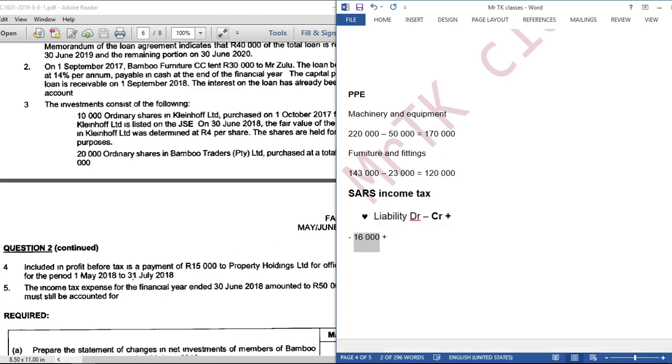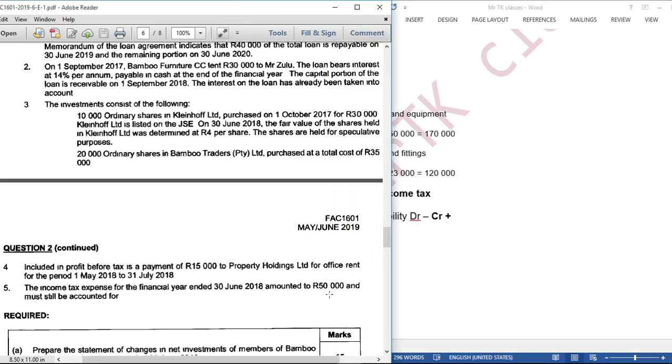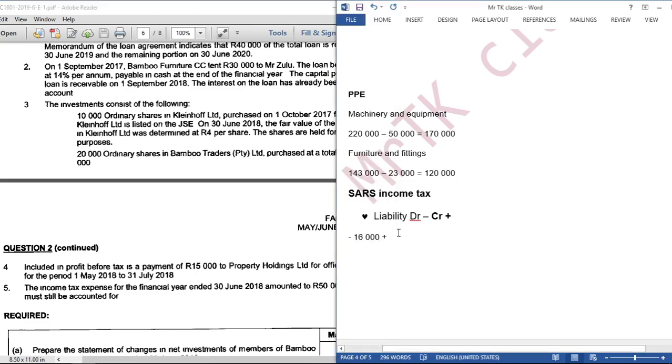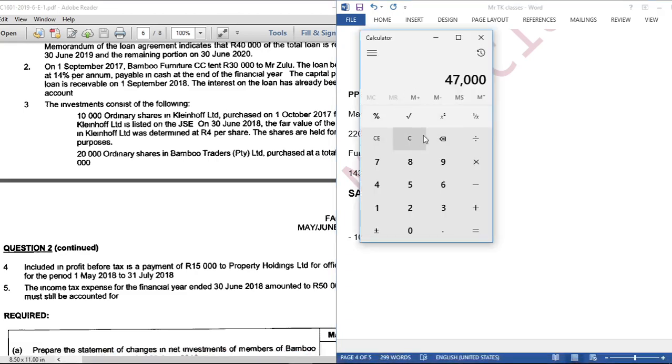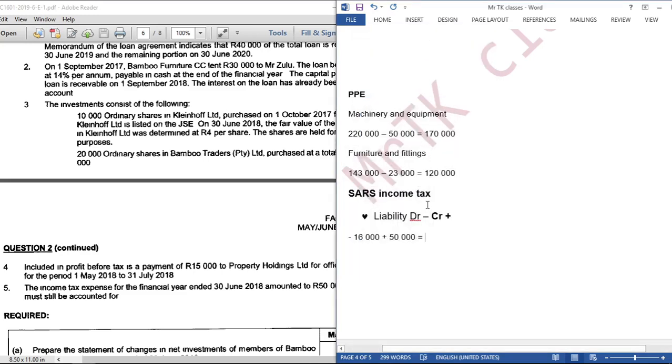But now we have a liability during the year, amounting to 50,000. So what does it mean? If we say minus 16,000 plus 50,000, this is the liability that we now have.